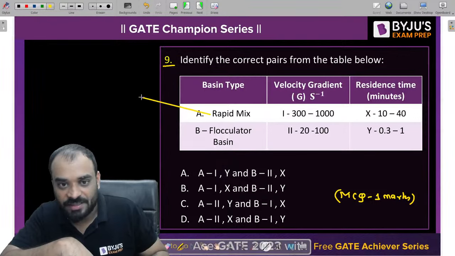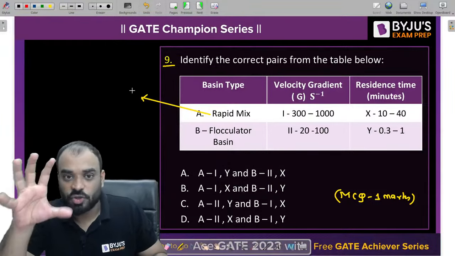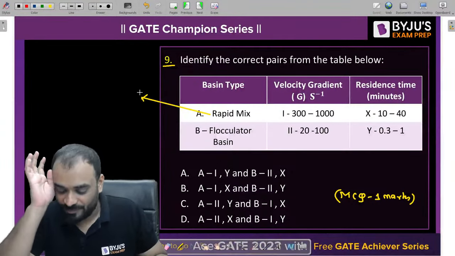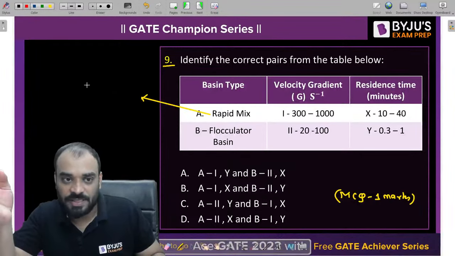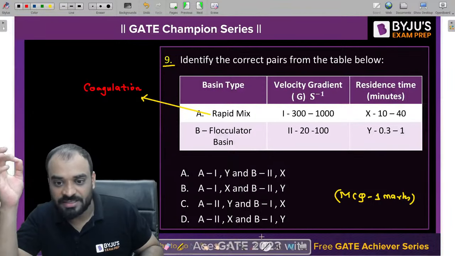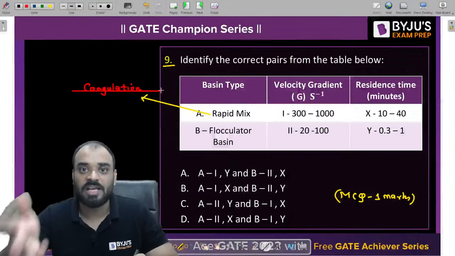Rapid mixing itself is saying this particular process can occur in a shorter duration, right? So I am giving you a hint to solve the problem. Rapid mixing is basically a coagulation process. Now the name itself is trying to suggest that the time duration we have to put should be lesser, right?